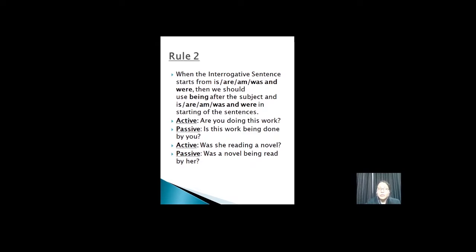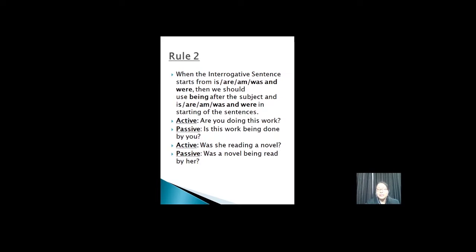So here, rule number 2. When the interrogative sentence starts with is, are, am, was and were, that means continuous tense, and we should use being after the subject, with is, are, am, was and were at the start of the sentence, as in active voice. Are you doing your work? Which tense is this?